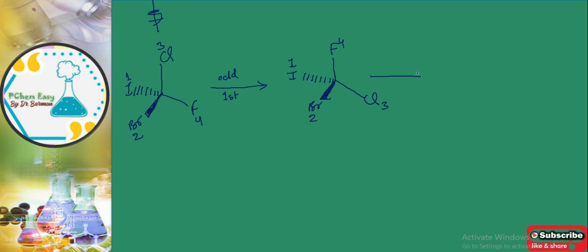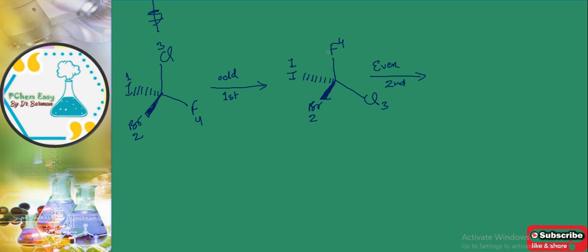Now the second exchange will be the even exchange. First we exchanged this to this. Now we have to exchange this chlorine with this iodine. Here we made the first exchange, chlorine to fluorine, fluorine to chlorine. Now fluorine is here. Now we will do the second change.